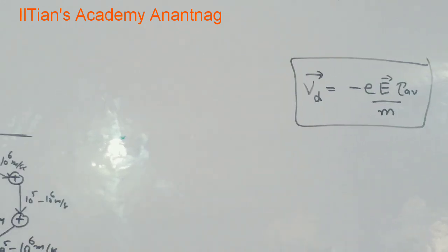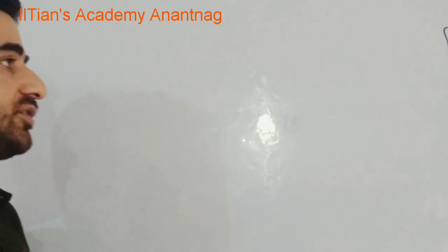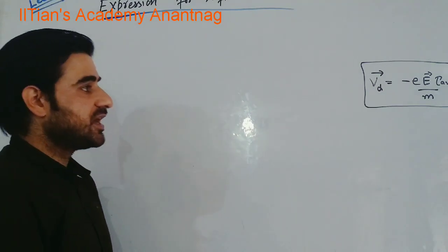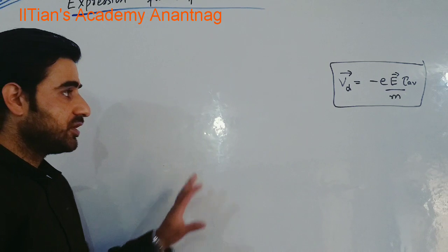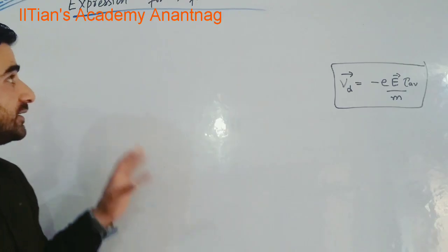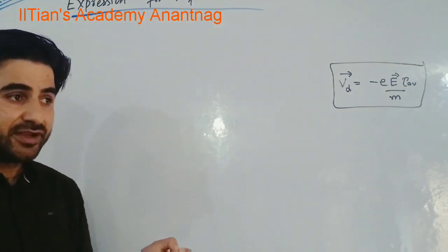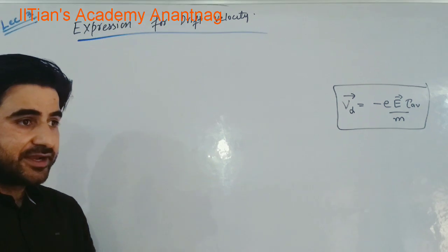Now, in order to derive the expression for drift velocity, I need to take all the electrons into account. Later on, I will see what is the average velocity with which they are having net motion. So, before proceeding further, what we could understand is that if I don't have an isolated conductor, then due to the electric field, electrons are being accelerated.